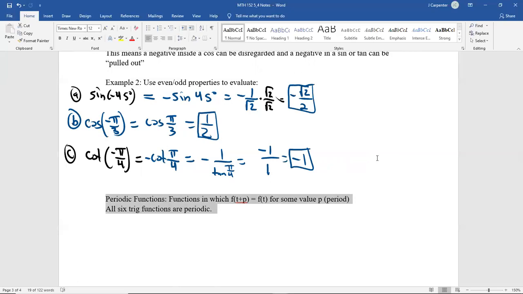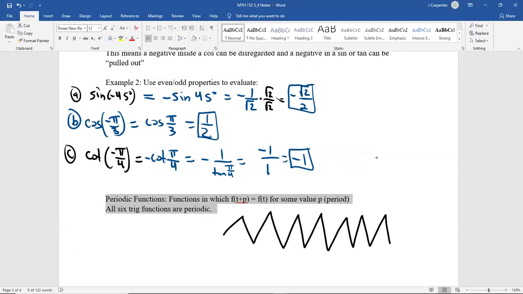A periodic function is one that just keeps repeating. It does the same thing over and over and over. So if you were to graph a periodic function, it might look something like this, with better artistic skills. Imagine those all have the same heights. So let's say this is an x value of 1, this is an x value of 2, an x value of 3. The outputs, the heights, are all the same.